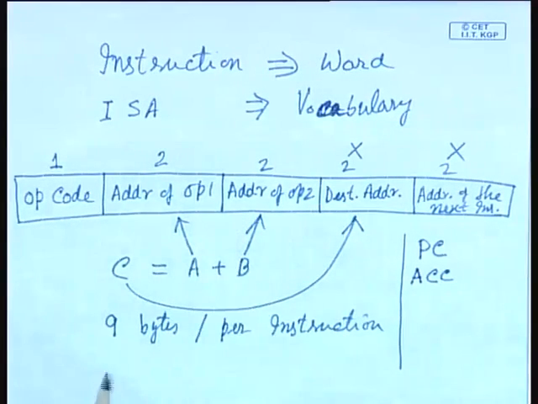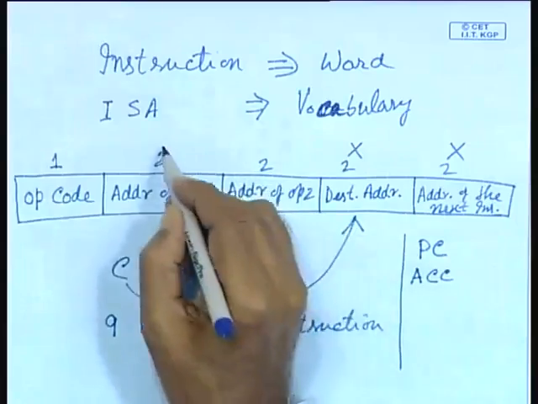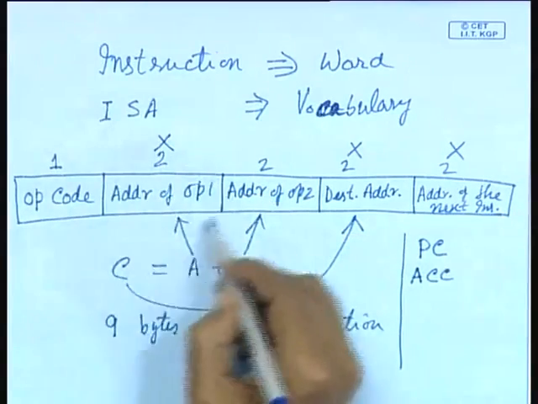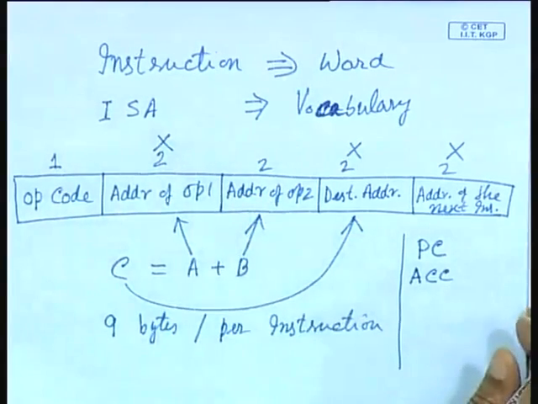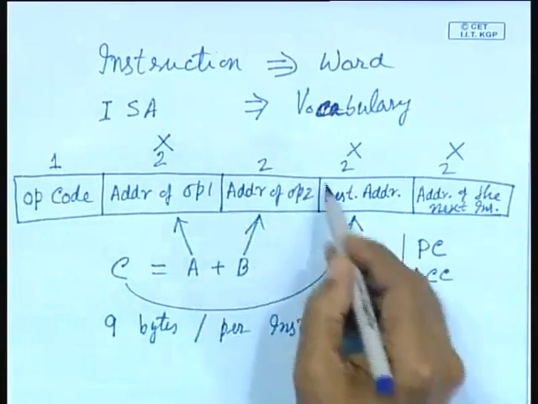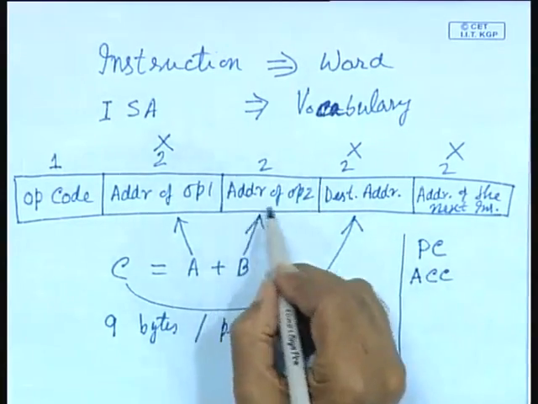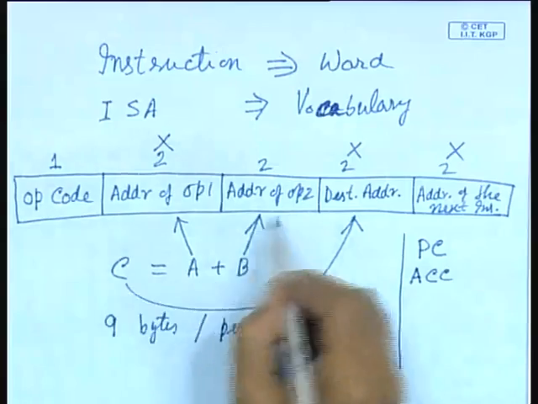That means you have to load one of the 2 operands in the accumulator before you execute an instruction. Whenever you make that assumption, the address of operand 1 is not required. However, you will require another field, the address of operand 2, as part of the instruction.